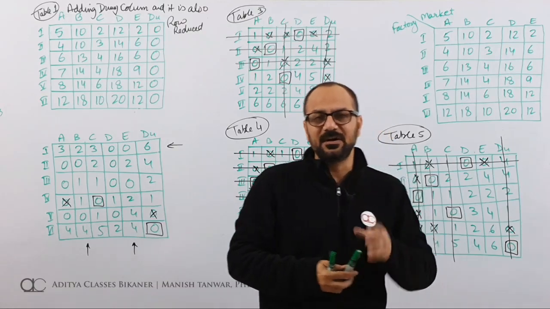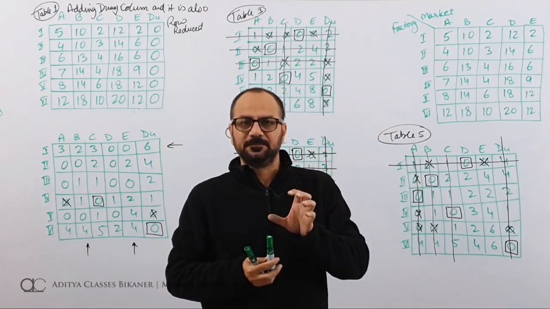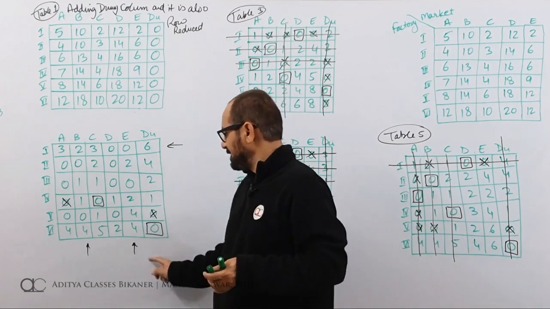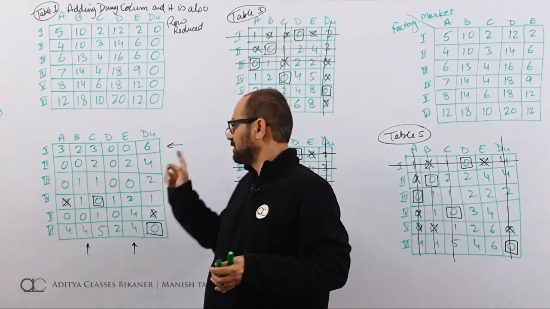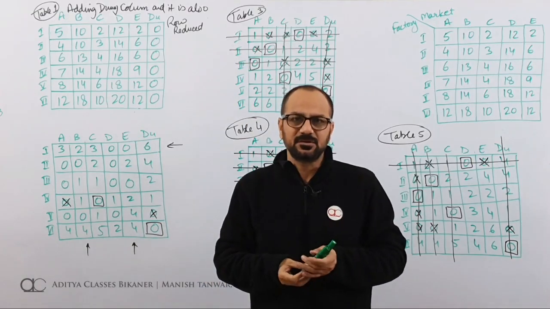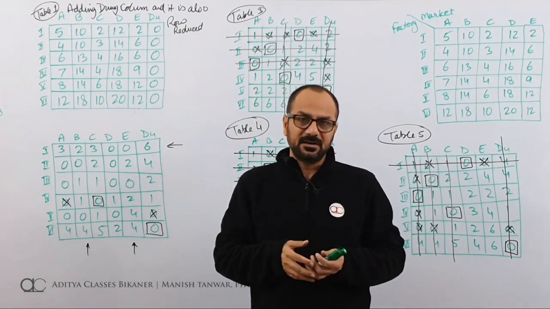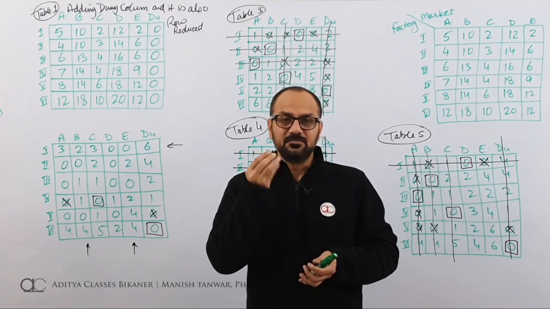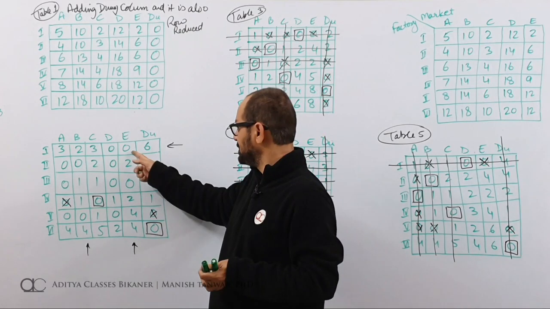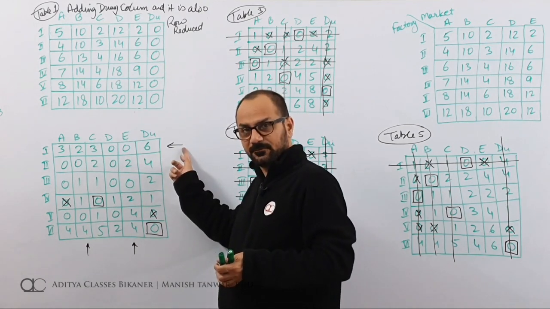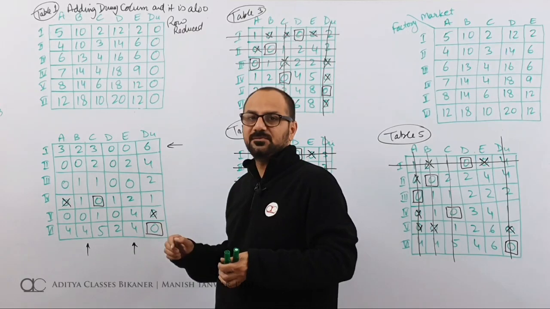All others are having 3 and 4, but these 3 are having only 2 zeros. Of these 3 alternatives, which one is best? The 0 which is most needy. This 0 is featuring in a row with minimum zeros and a column with minimum zeros.